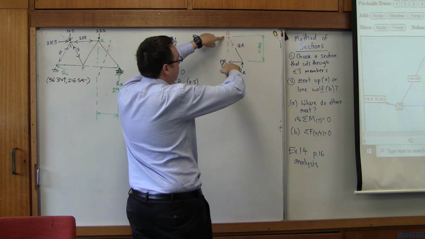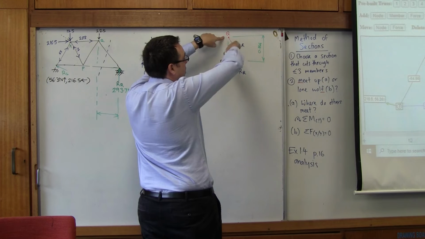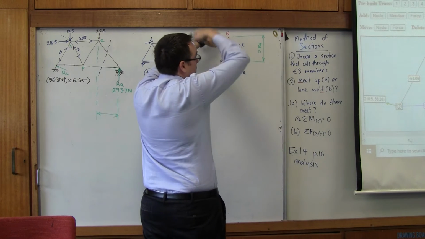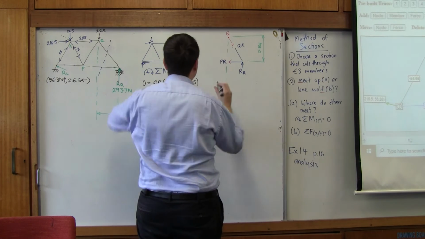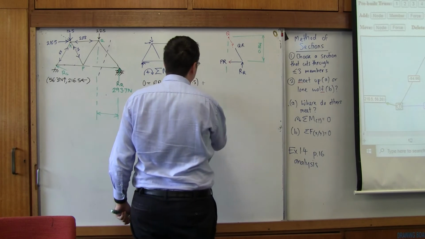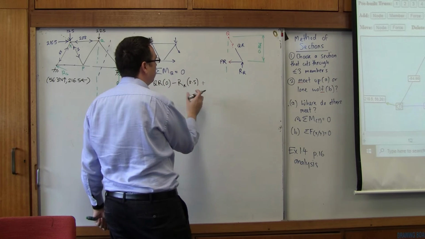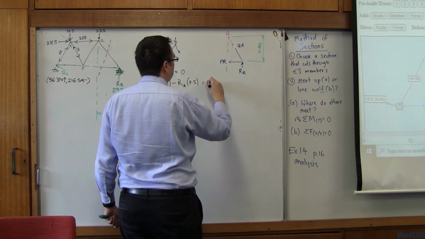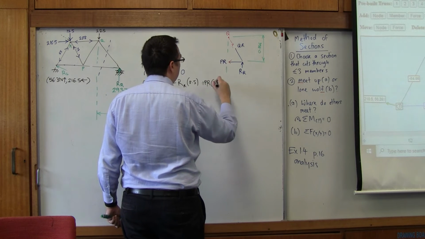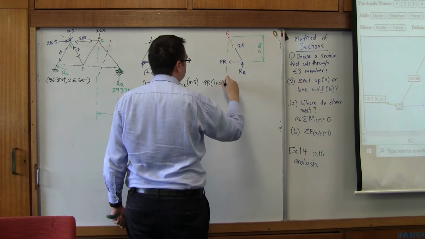Now we're going to do PR, and we push in the direction of the arrow. That's clockwise. Because they're different, and we only have two things, we know that our assumption was correct. So PR, and our distance is 0.866.